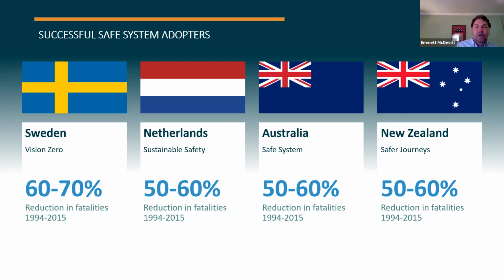So I think we can learn from other countries, and while I don't know that we will ever get to zero in my lifetime, I think it's very conceivable that we get close to zero, and anything that we get is going to be something greater than we have, right? So these countries that you see here, they've not only had the greatest reduction in fatality rates, but the fastest rate of change of the fatalities by employing this safe system approach.